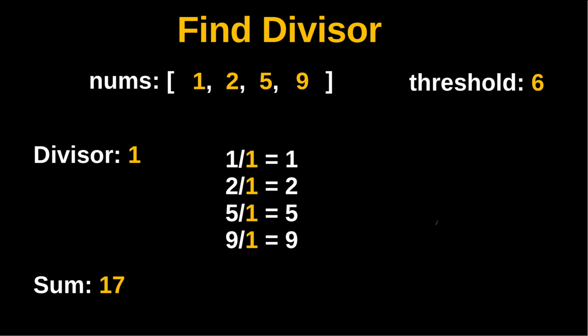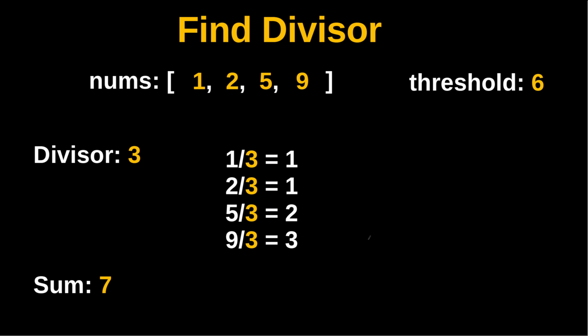Okay, so let's try another divisor. Suppose the divisor is 3, and now we divide every value in the array by 3. We are doing integer division, and in this case, the question stipulates that each result of the division is rounded up to the nearest integer greater than or equal to that element.